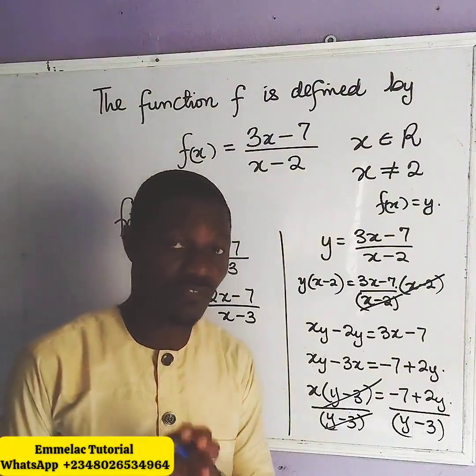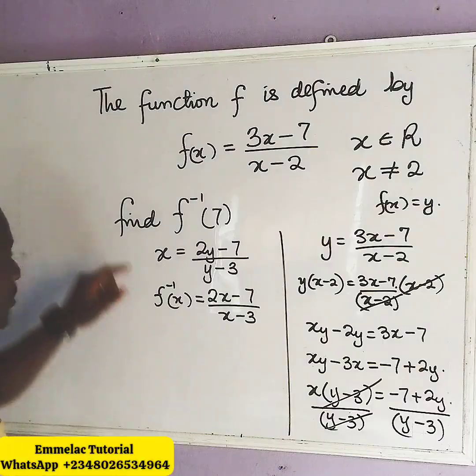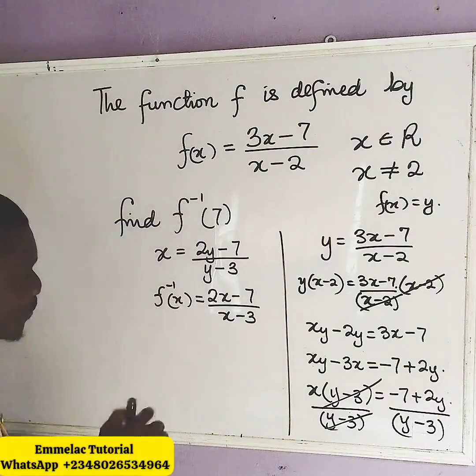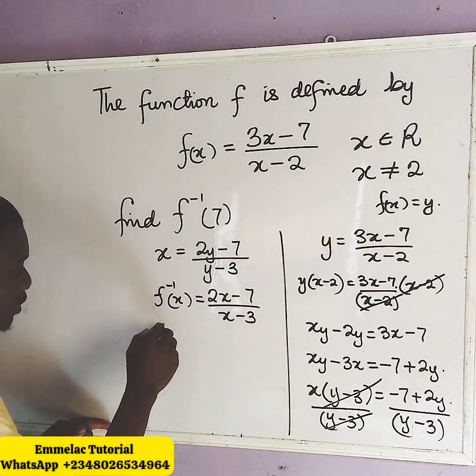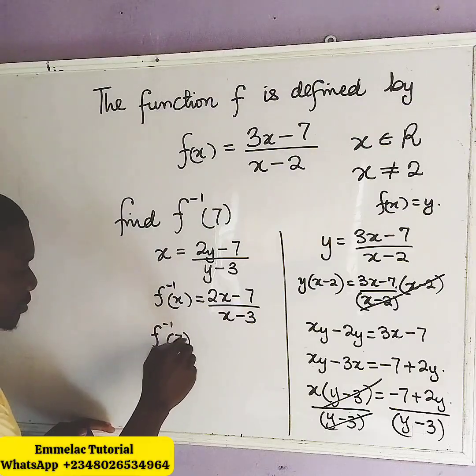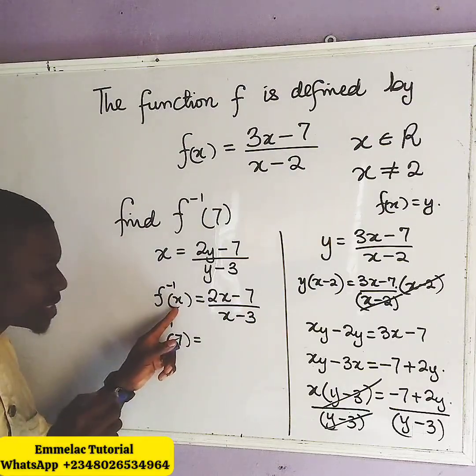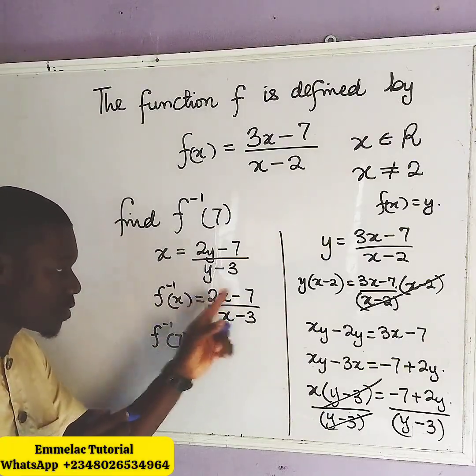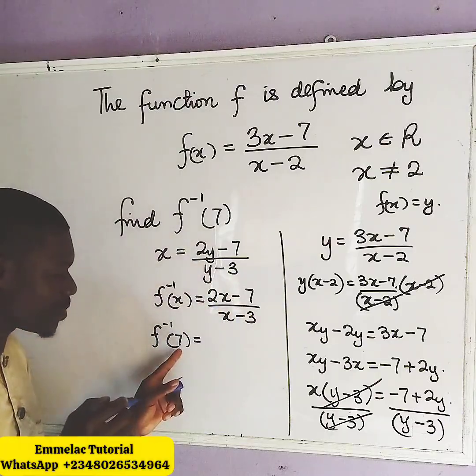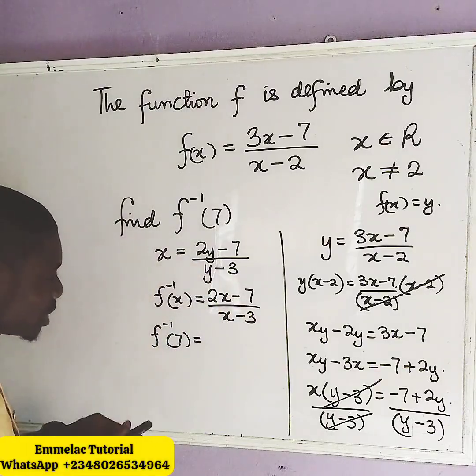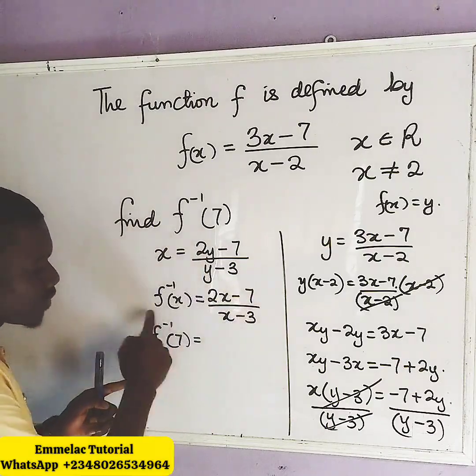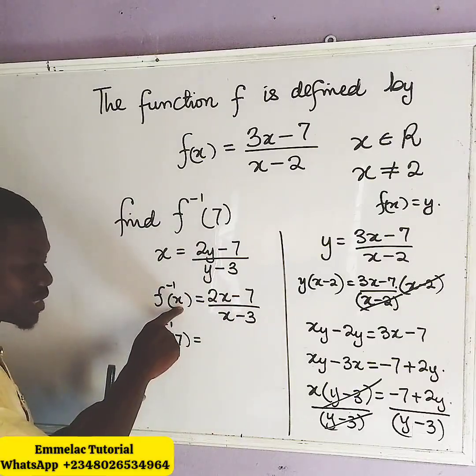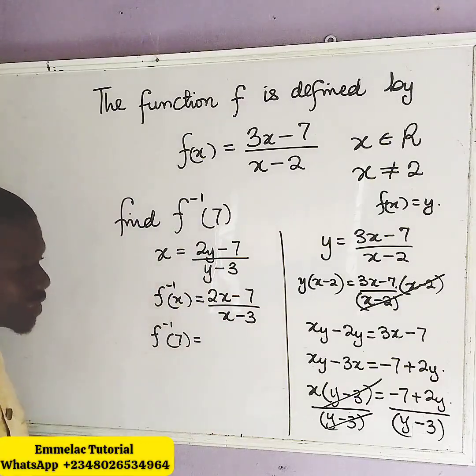Alright, we've now achieved the first phase. To find the inverse function of 7, wherever you see x in this fraction, replace it with 7. Take note, the original function is this, but this time we replace x with 7.